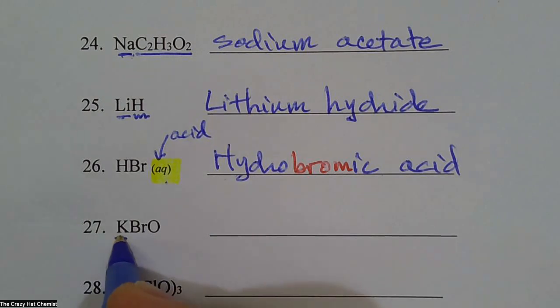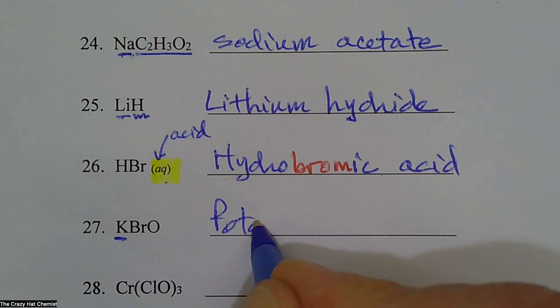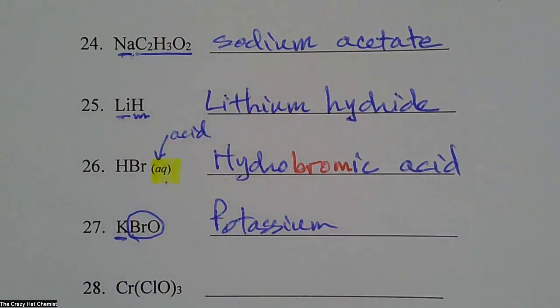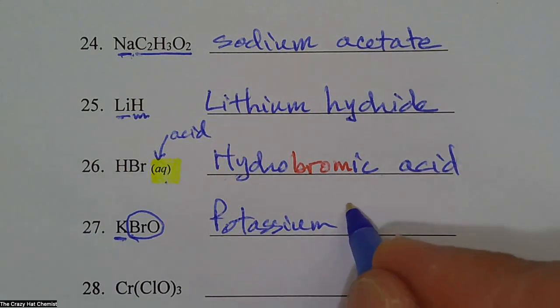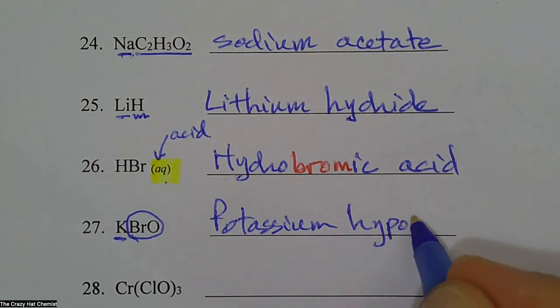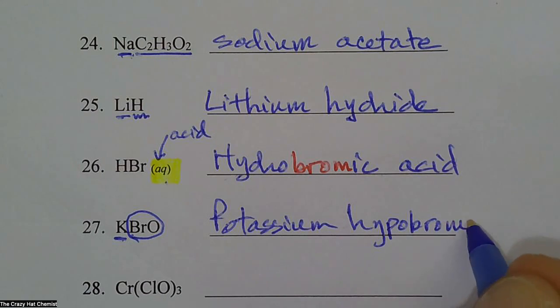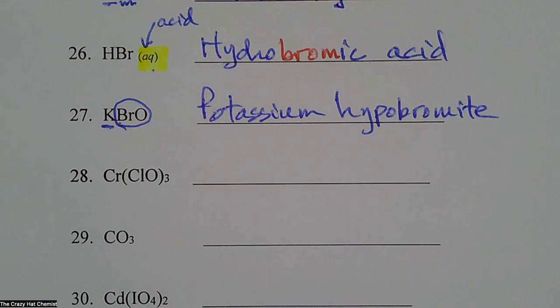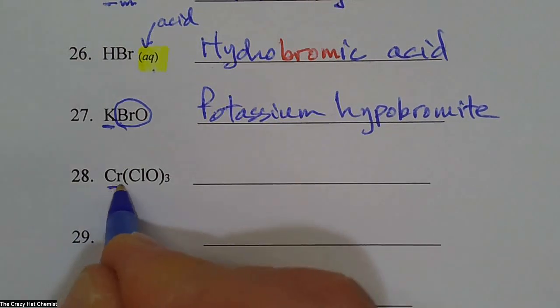And then here we got potassium. And this is a polyatomic ion that is hypobromite. Again, if you don't know your polyatomic ions, then that's going to be really, truly impossible. Okay, this is chromium.